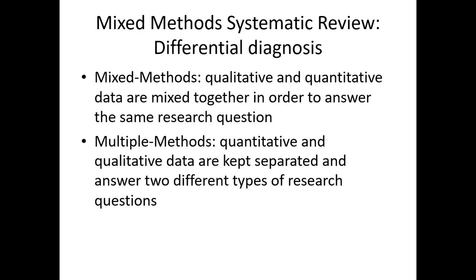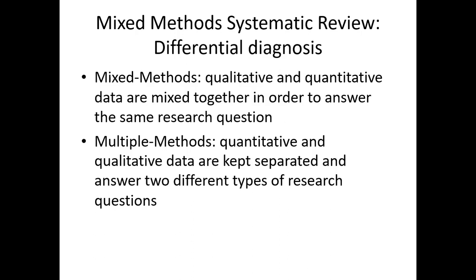Now, you can hear something or you can read somewhere: mixed method, multiple method. Are they the same thing or two different things? For mixed method, qualitative and quantitative data are mixed together in order to answer the same research question.